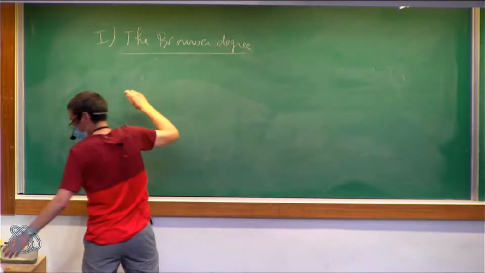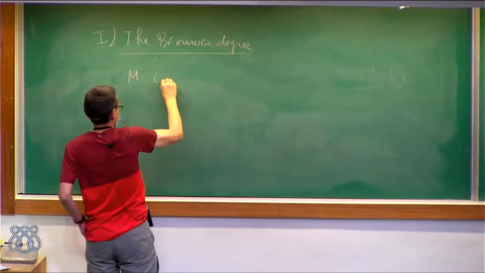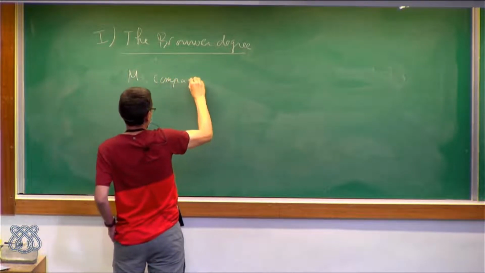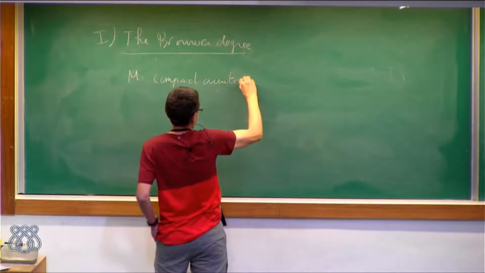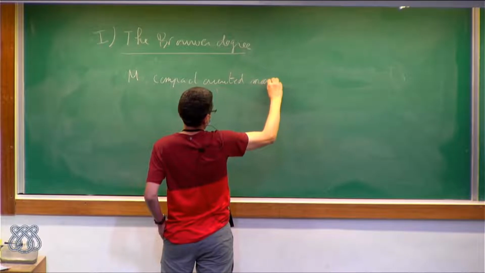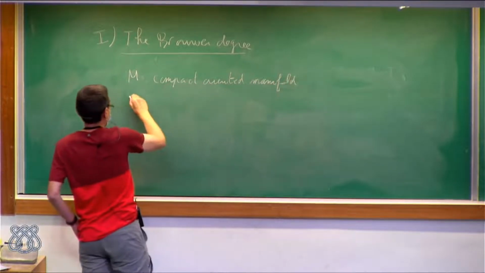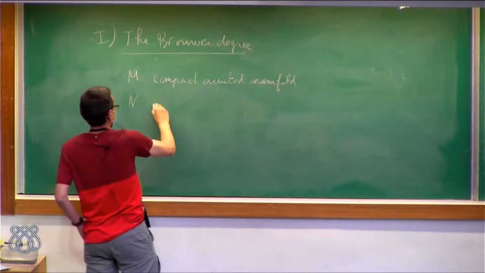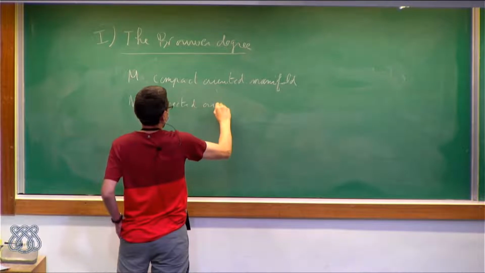So you take M, a compact, oriented, smooth manifold. And N is a connected, oriented, smooth manifold.